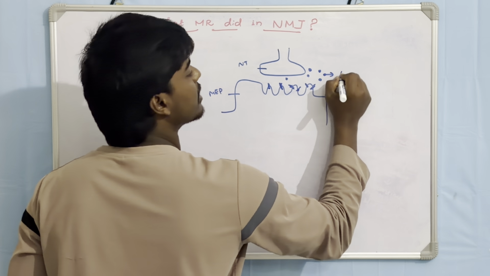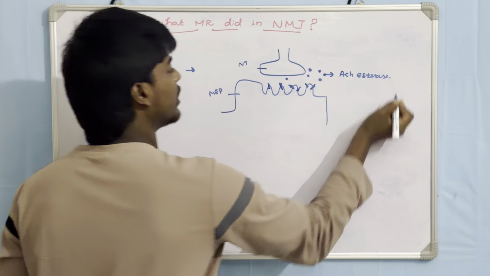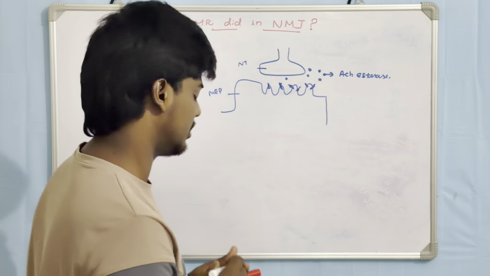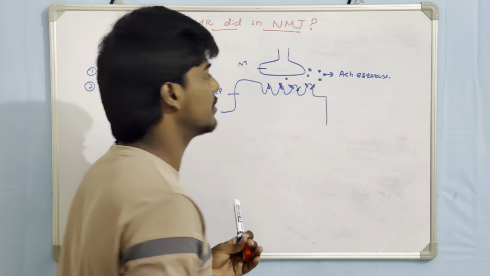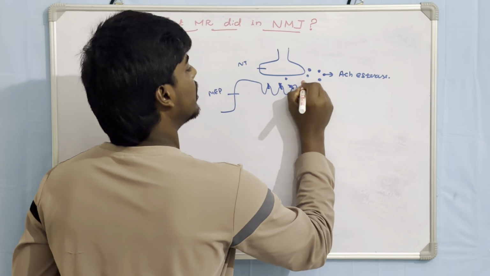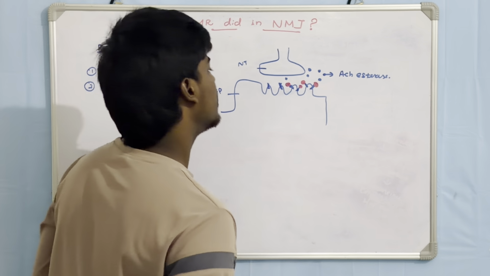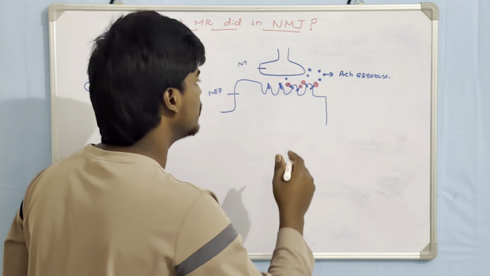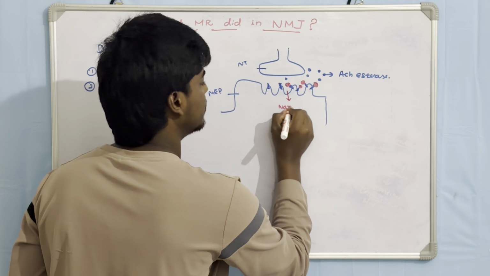So that is a rough diagram of the neuromuscular junction. Now we use a depolarizing muscle relaxant. Acetylcholine comes and binds to the acetylcholine receptors. After that, it produces depolarization, so sodium comes inside.